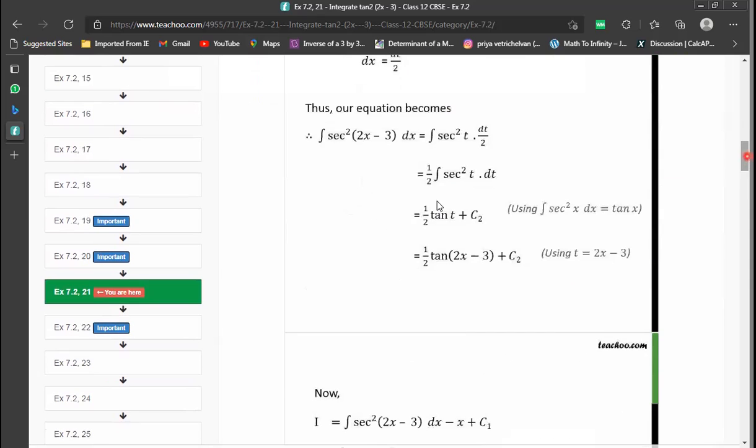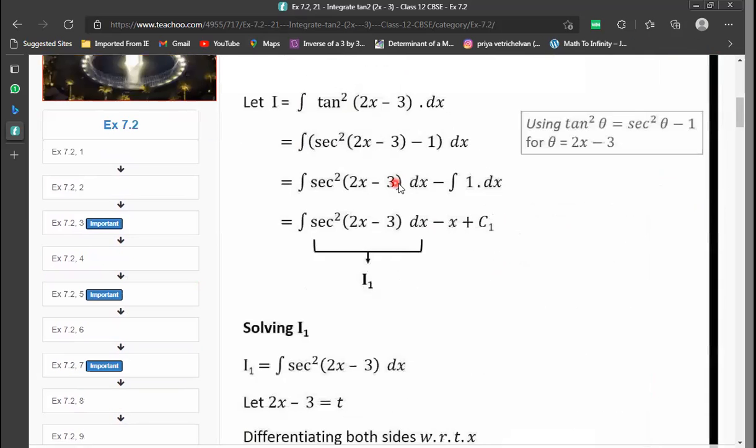Now you can use the formula. Integration of secant square x dx is tan x, so the integral of secant square t is tan t. Replace t as 2x minus 3 again. We are done with the first part. And what is the second part? You just have to integrate the -1.